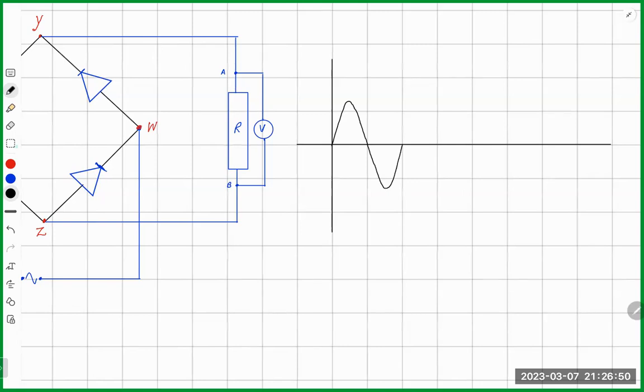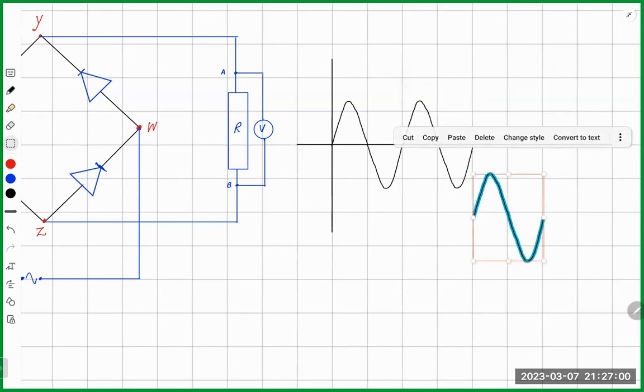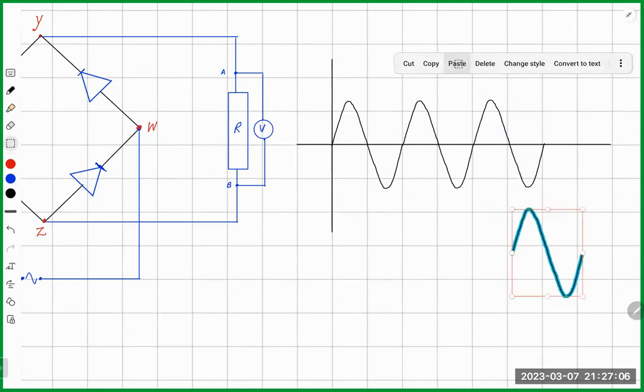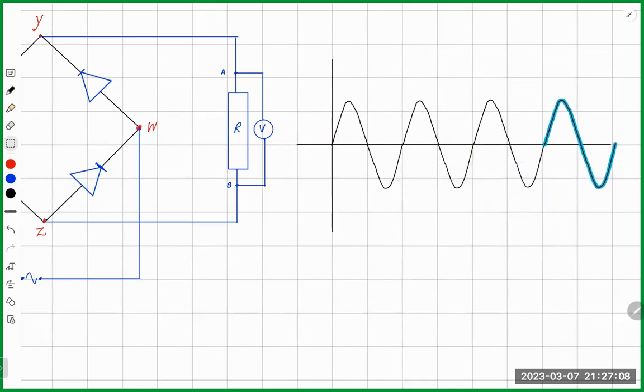Okay, this is good. Now I can see this is how the supply voltage is changing. It is becoming positive and negative repeatedly, like a normal alternating current.